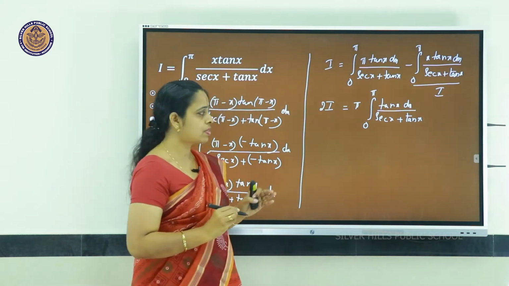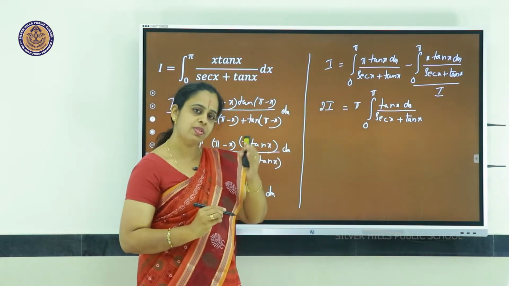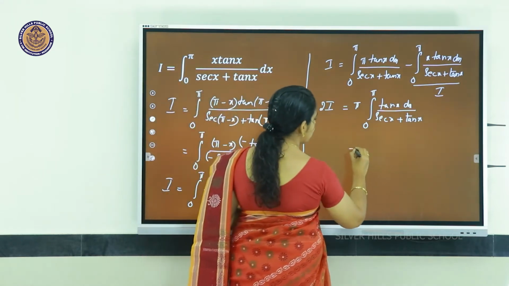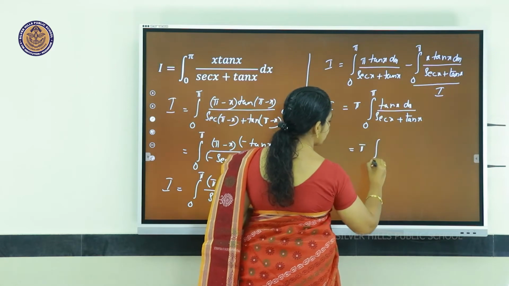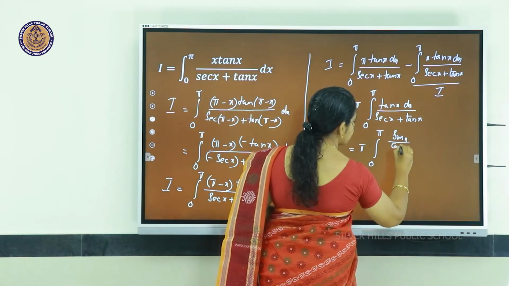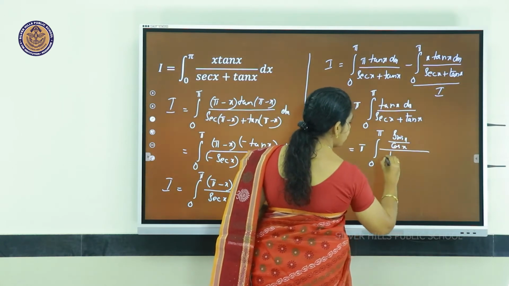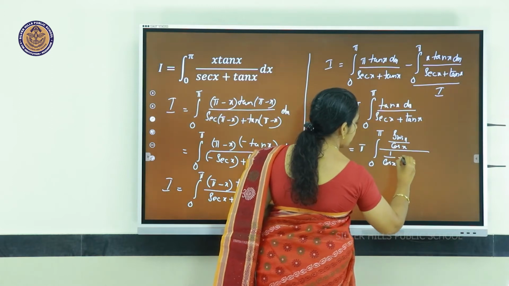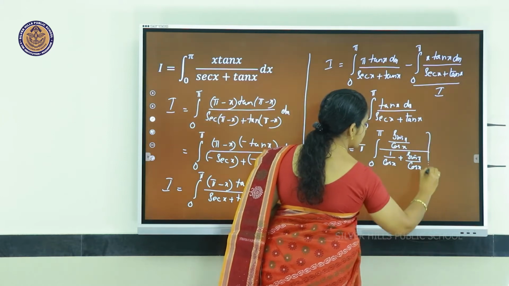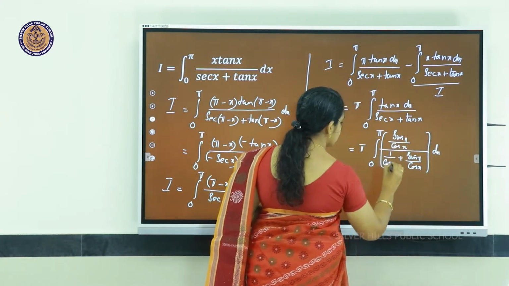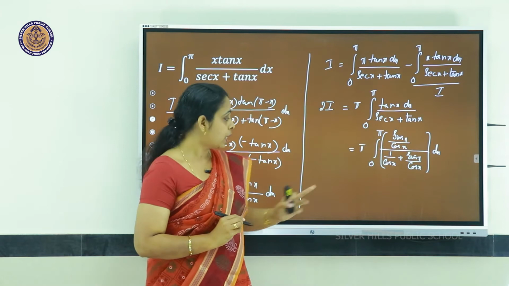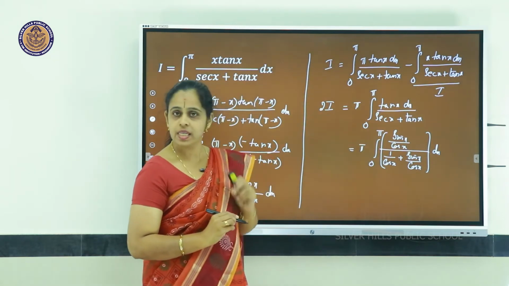Now, let us write this tan and sec in terms of sine and cos to make the simplification easier. Equal to pi into integral 0 to pi, sin x by cos x, whole divided by 1 by cos x plus sin x by cos x, into dx. Now, we can see numerator cos x is there, denominator when you take LCM also you can see a cos x.